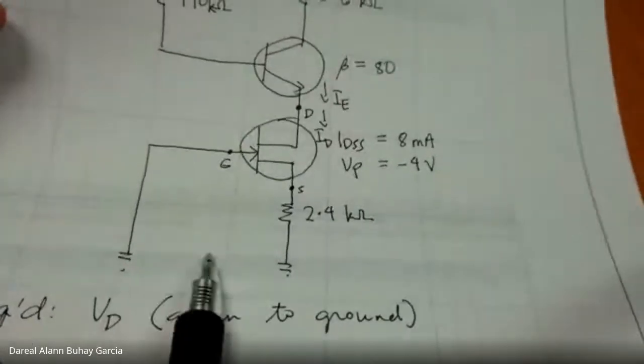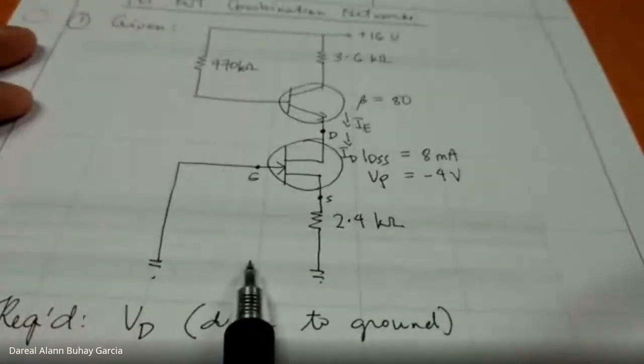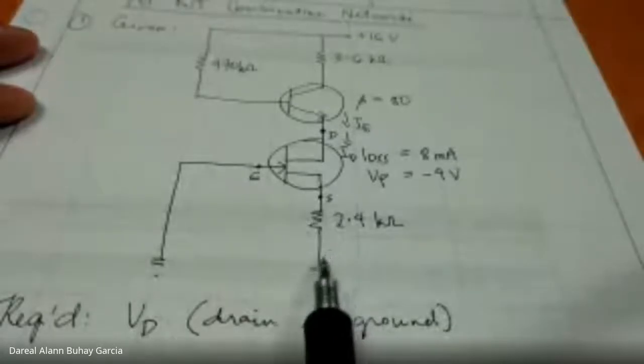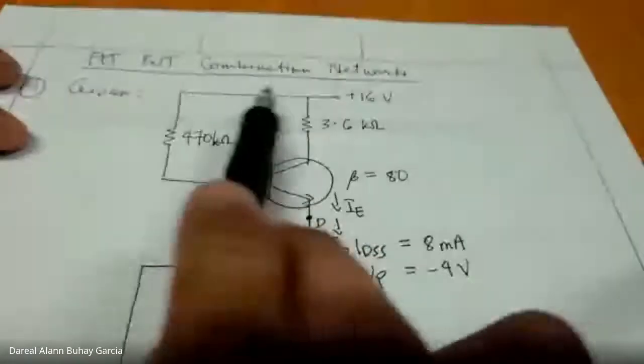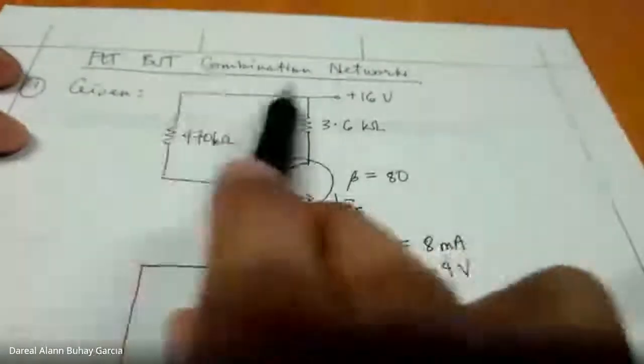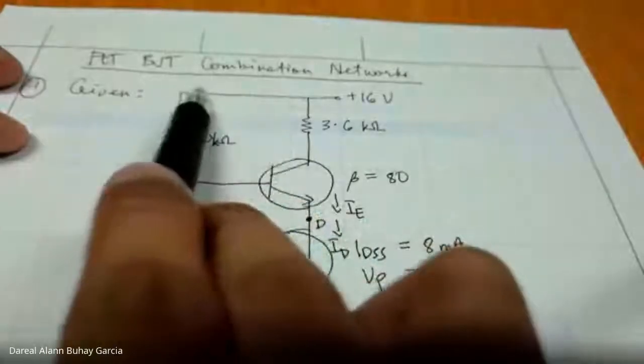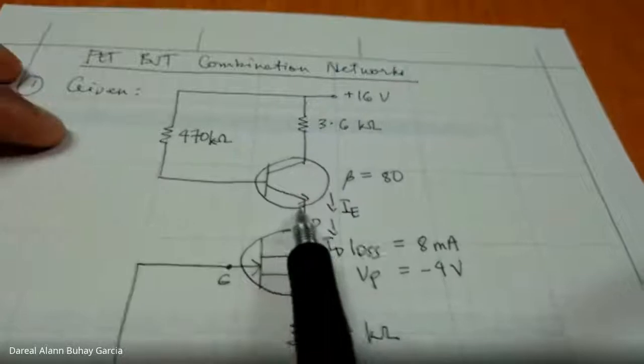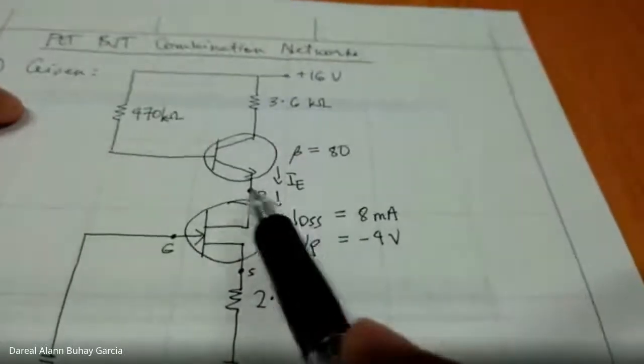I think the first thing to do is to perform KVL here. Since it's fixed bias, we can write 16 minus IB RB minus VBE, 0.7, minus VD.